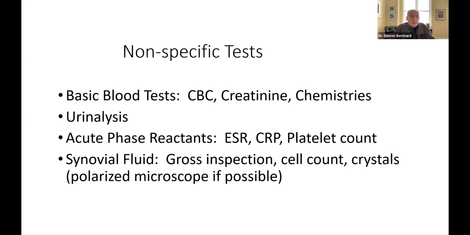So if we see that the patient is somewhat anemic, may have a modestly elevated white count, has a normal urinalysis, has an elevated sedimentation rate and/or CRP, and has a polyarthritis localized to small hand joints and small foot joints, with clinical signs of inflammation, then you've got a focus and you say, aha, I need to know more specifically about this, and we can go on.